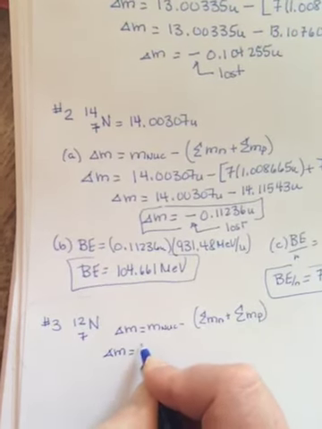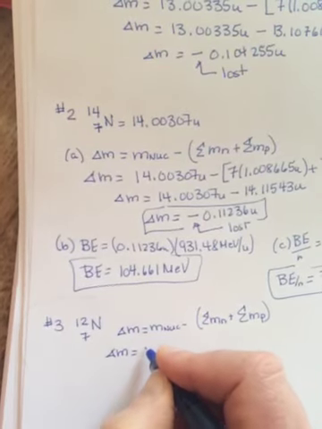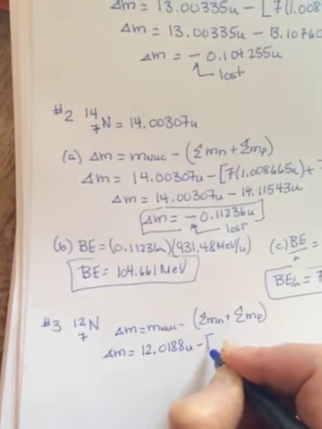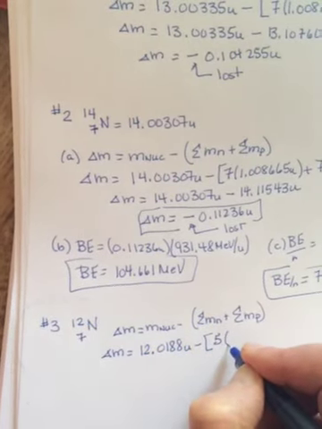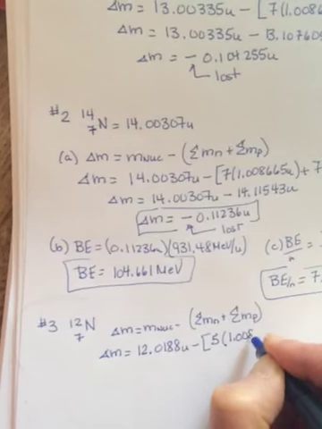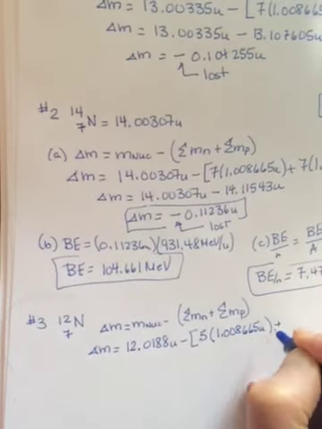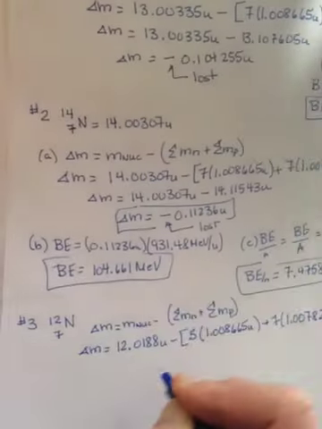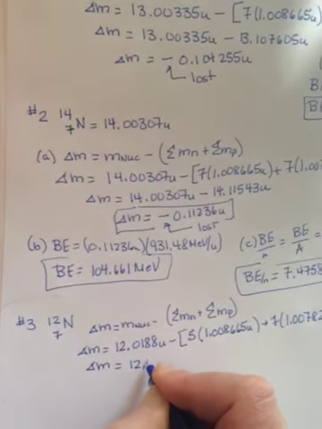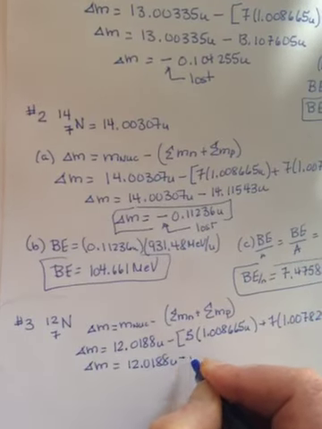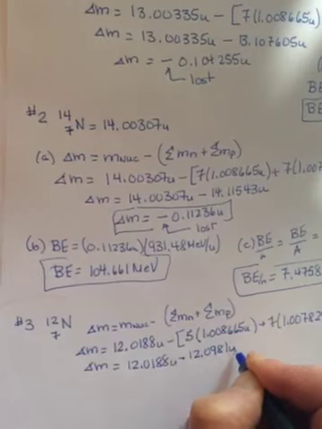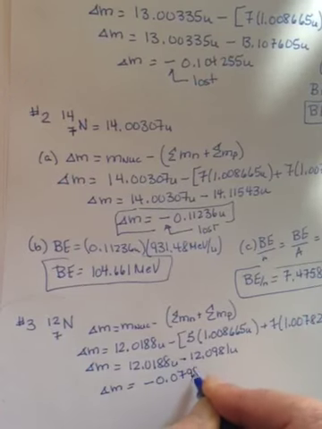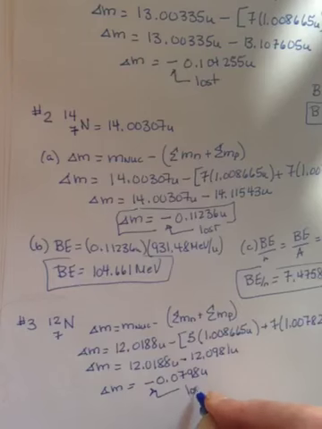So delta M is equal to, whoops, I didn't write it down, but they did give it to us in the question, 12.011188 U's minus, there are 5 neutrons this time, so 5 times 1.008665 plus, and there are 7 protons, 1.007825, and so 12.0188 U's minus 12.0981 U. And you get a mass defect of negative 0.0798 U's, where again the negative means lost.